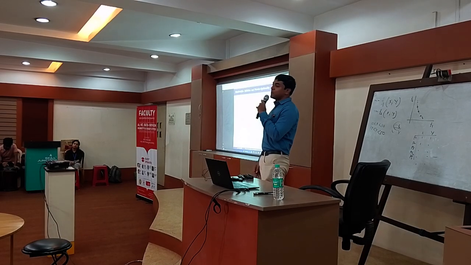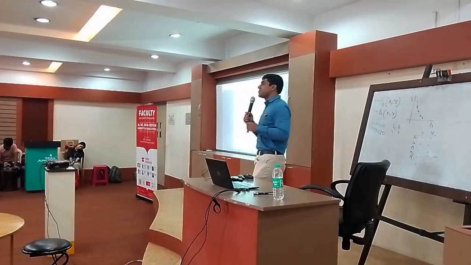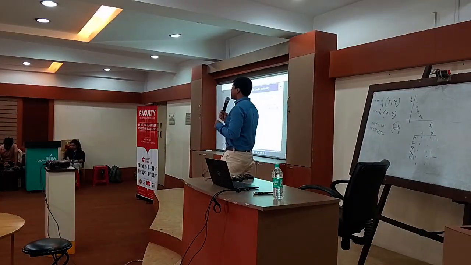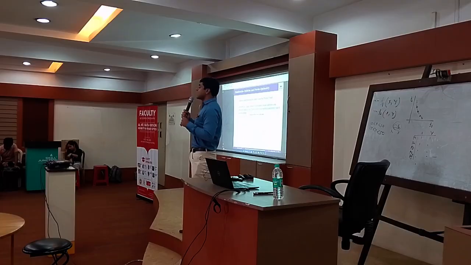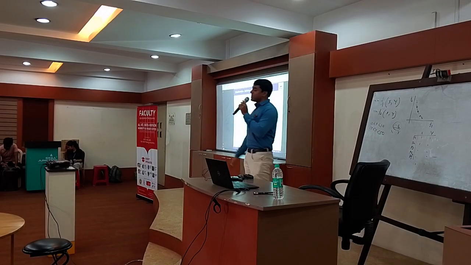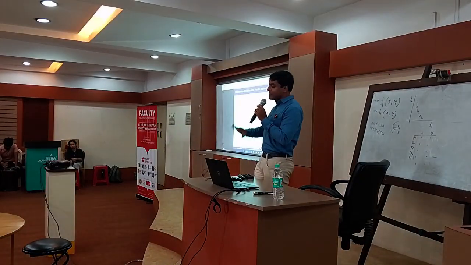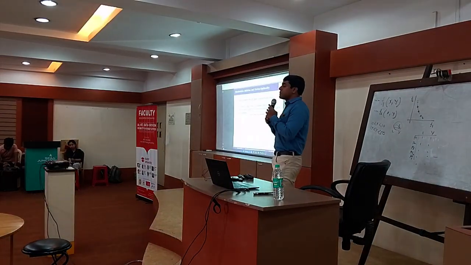NSGA. Non-dominated sorting genetic algorithm 2. It was published in 2002, if I am not wrong, by Dr. Kalyanmoy Deb at IIT Kanpur, Kanpur Genetic Algorithms Laboratory. This is the most cited paper in the IEEE Transactions on Evolutionary Computation. Still now, I guess it has more than 42,000 citations and various works have been done using that particular algorithm.